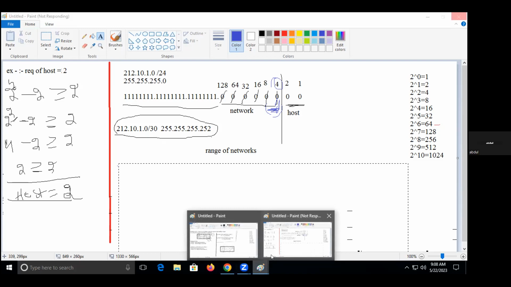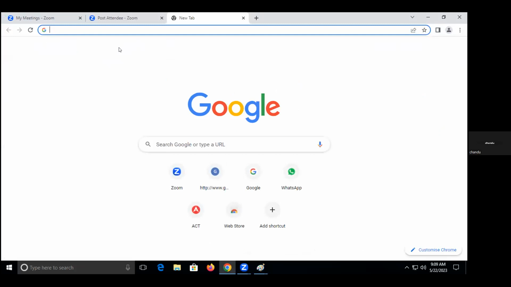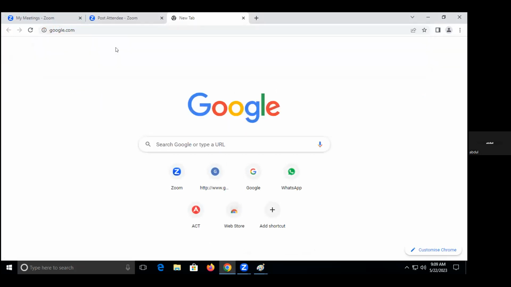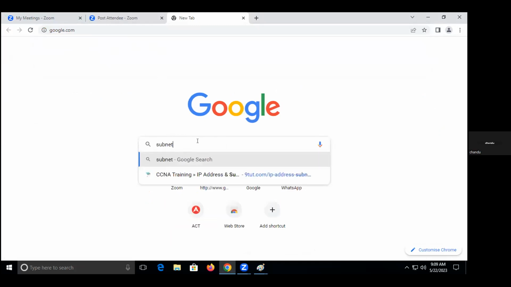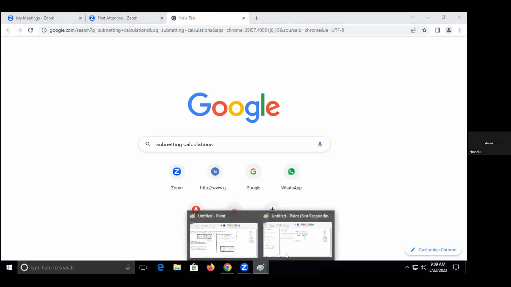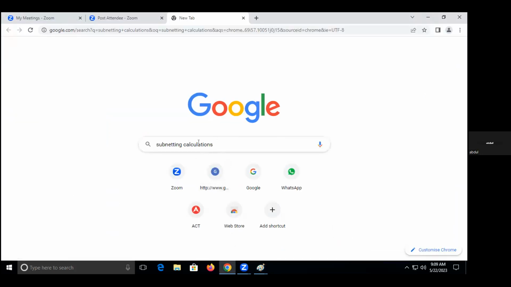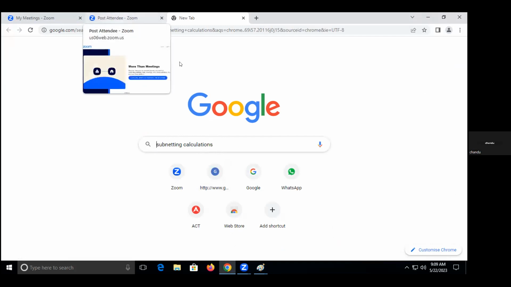Nandu, are there any ready-made charts on the internet for this? Ready-made charts, very easy. We can do it on google.com, a subnetting calculation. There are so many sites.